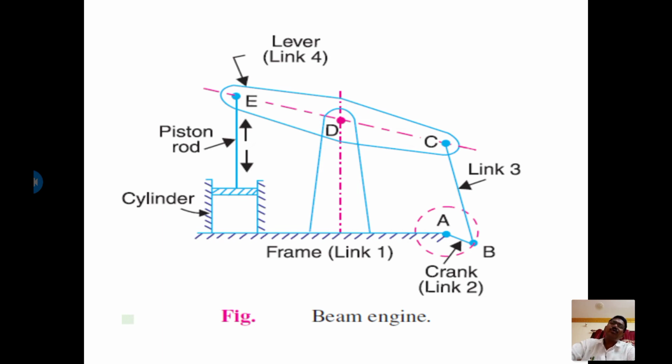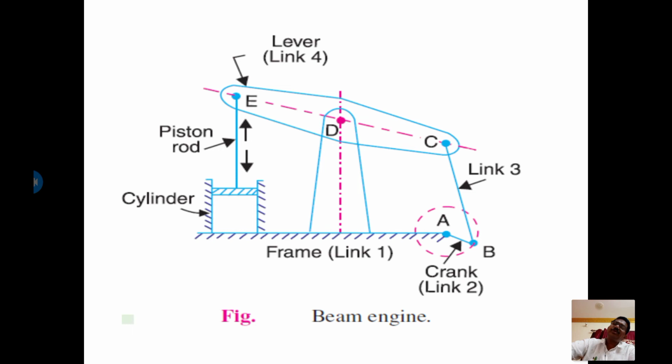Now in this figure, the crank is AB, BC is another link, the connecting rod, the lever is CE, and the remaining element is fixed. At the end of the lever, point E, the piston is attached by means of a piston rod.